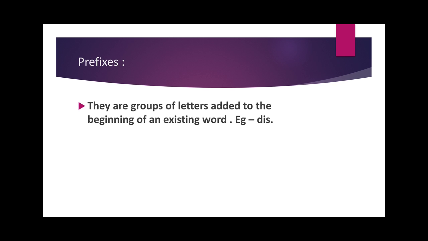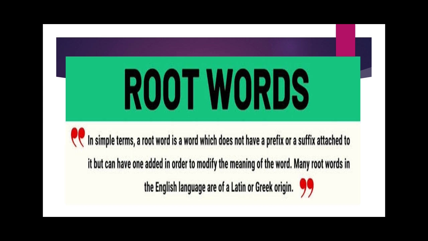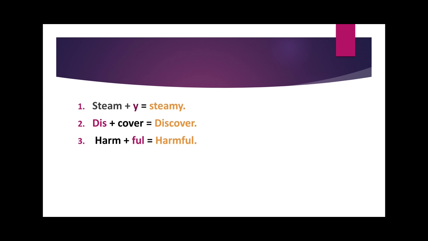So students, please be clear about what suffixes and prefixes are. Prefixes come at the beginning, meaning pre. Here in the word prefix, the word pre is there. Pre means before. That's why prefix means the part that comes before the root word, and suffix is the part that comes after the root word. So in number 1 we have added a suffix, in number 2 we have added a prefix, and in number 3 we have added a suffix again.